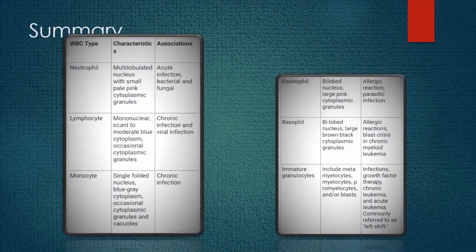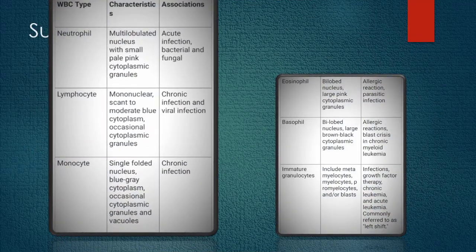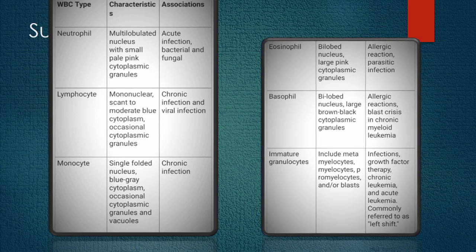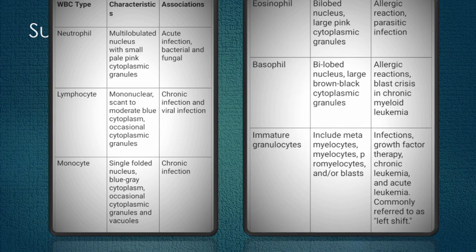Now, in summary, you can feel free to pause this video so that you can read through all this. The neutrophils could be associated with infections such as bacteria and fungi. The lymphocytes are associated with chronic infections and viral infections. The monocytes could be associated with chronic infections.